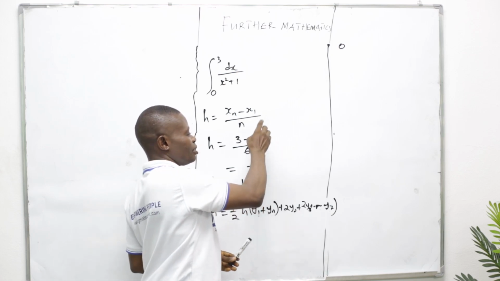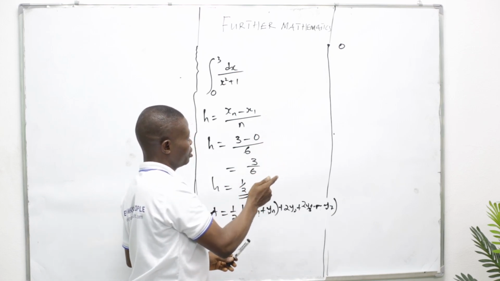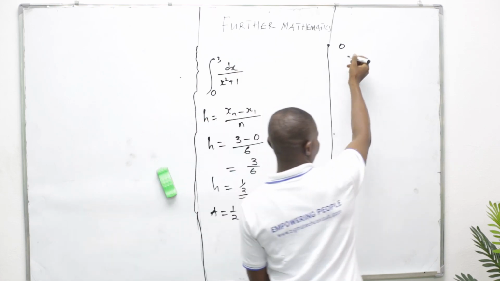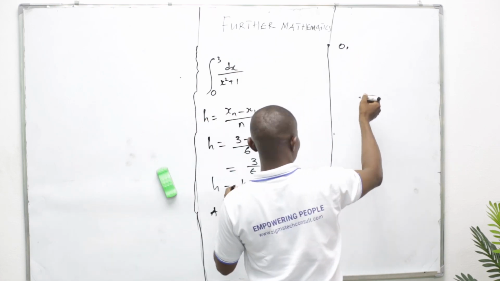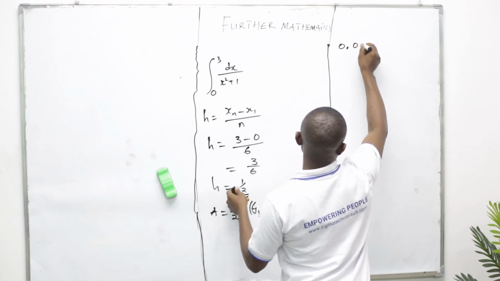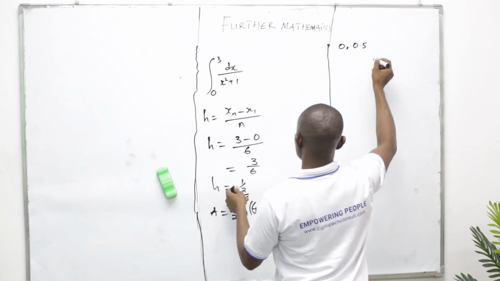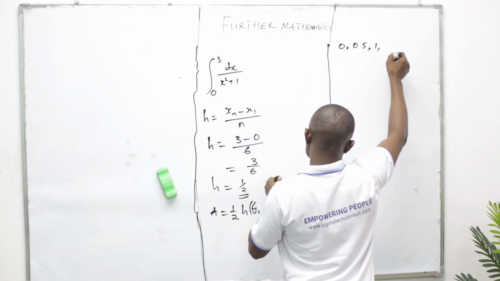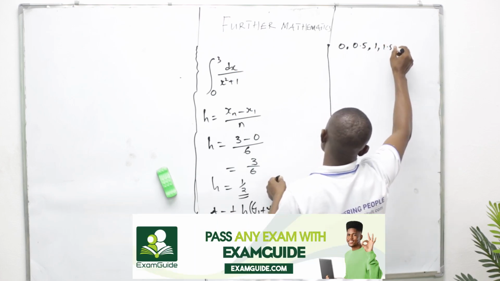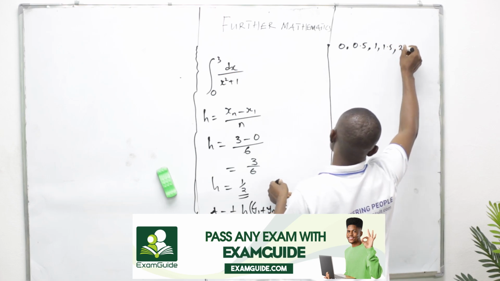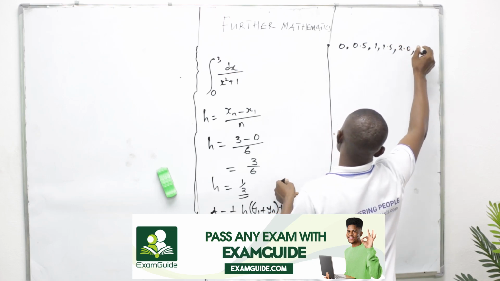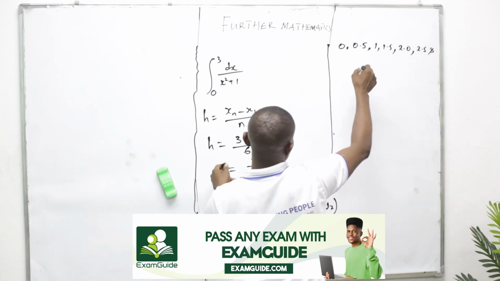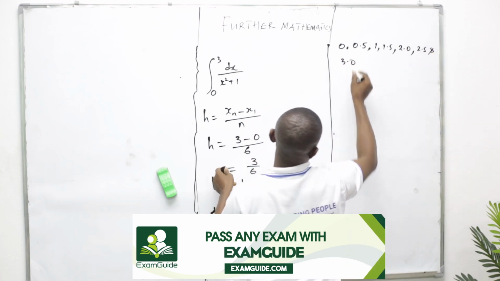The first is the lowercase, 0, then plus 0.5 is 0.5. Plus 0.5, 1. Plus 0.5, 1.5. Plus 0.5, 2.0. Plus 0.5, 2.5, and plus 0.5, 3.0.